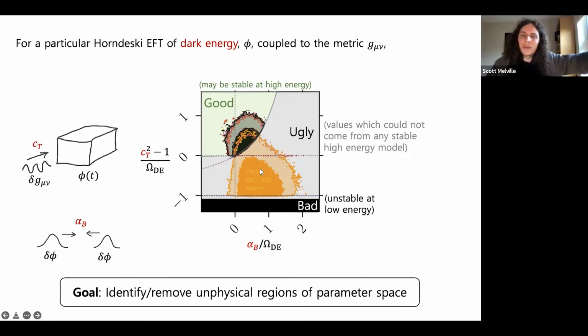Maybe I shouldn't be fitting my data using that region. And if you instead fit using only the good values, then you get a much tighter constraint on these EFT parameters. You get a much better estimate of the sorts of deviations you might have from general relativity in our universe.